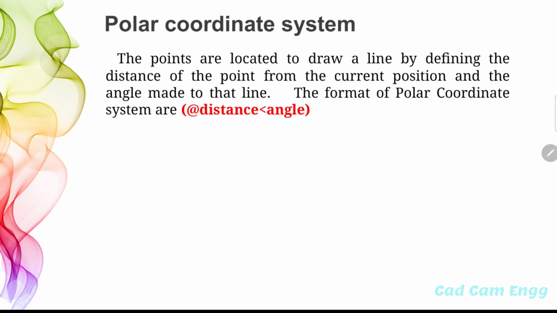Points are located to draw a line by defining the distance of the point from the current position and the angle made by the line. The format of the polar coordinate system is the @ symbol, distance, less than symbol, and angle. For example, this is my origin point and I want to find the first point.